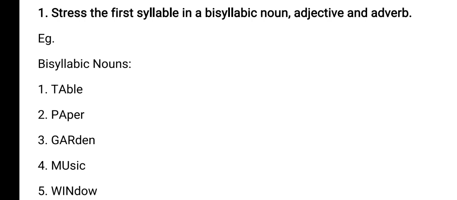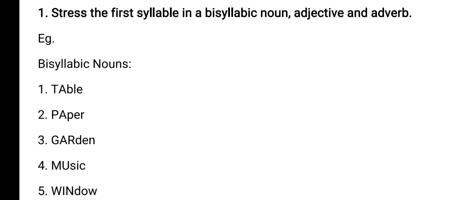Look at this. Table. The stress is on TA. TA is capitalized. BLE is not capitalized. Since we capitalized TA, it means that the stress is on that particular syllable, TA. Since we did not capitalize BLE, it means that it is the one that does not have the stress. Let's assume we capitalize the BLE and make TA small letter. It will be table, table.